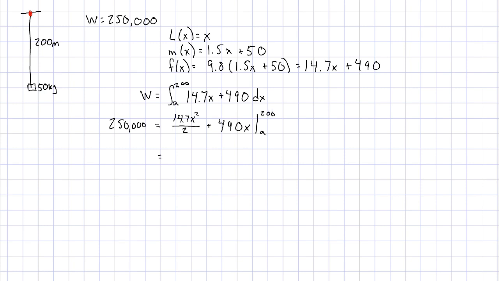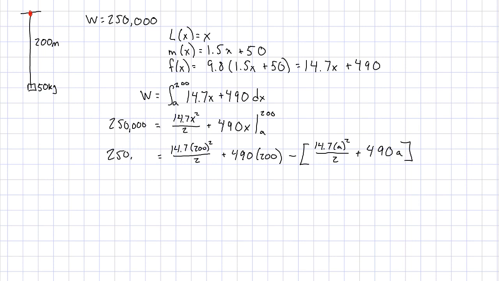When I plug in my values, I get 14.7 times 200 squared over 2 plus 490 times 200, minus 14.7a squared over 2 plus 490 times a. So this is all still equal to 250,000.